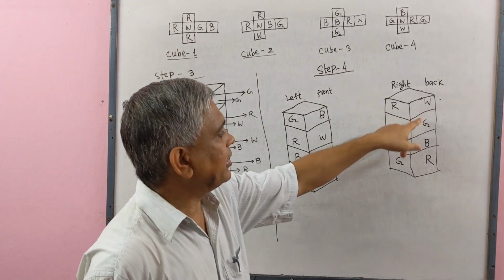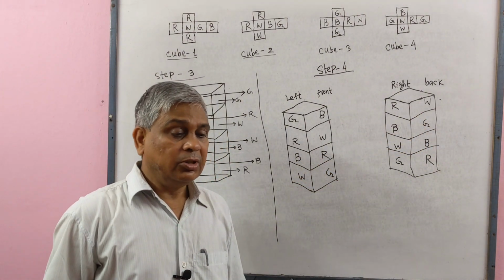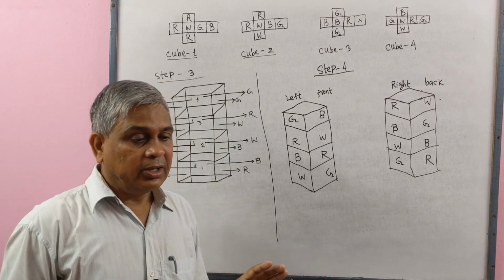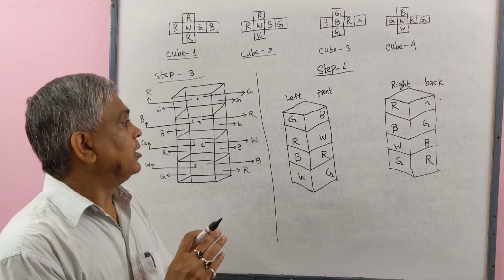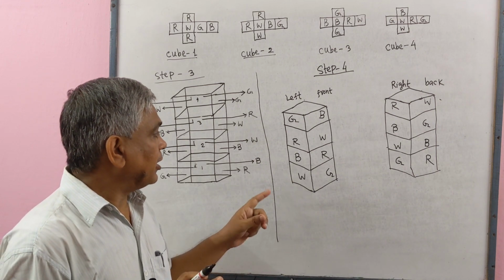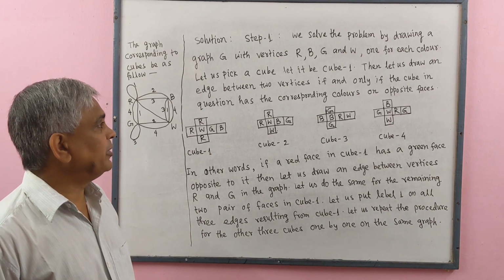Here also 4 different colors for 4 faces. Now this is the understanding for the color of the faces. Now we write the problem in detail.